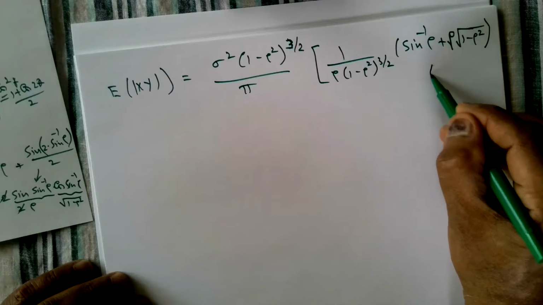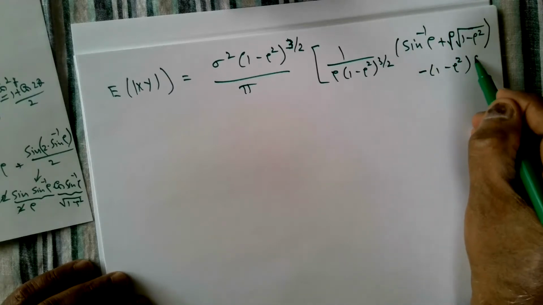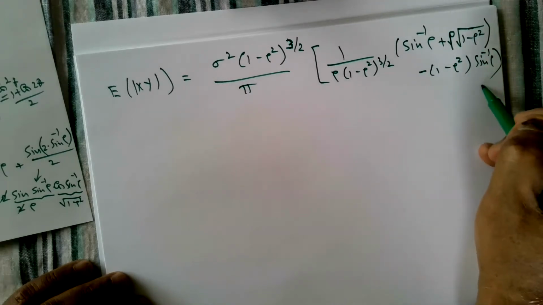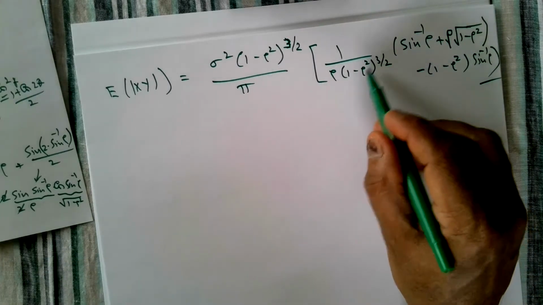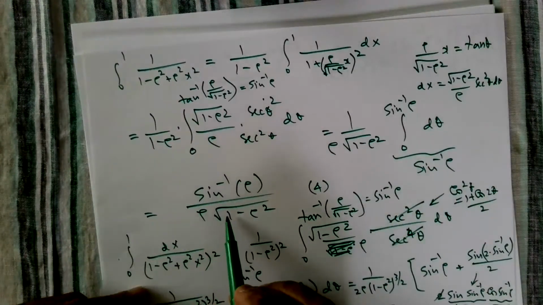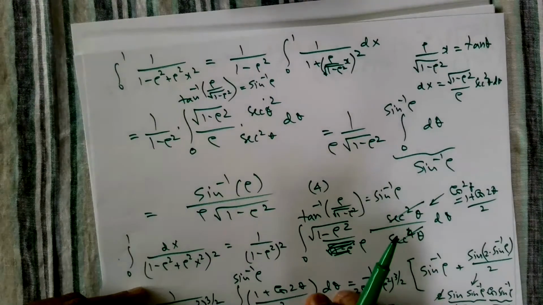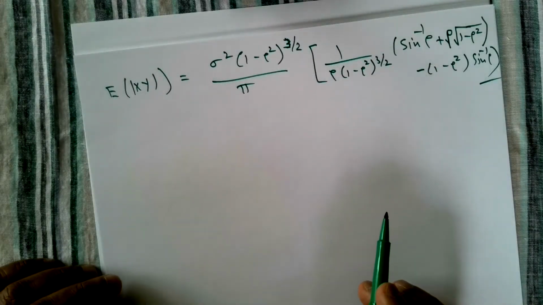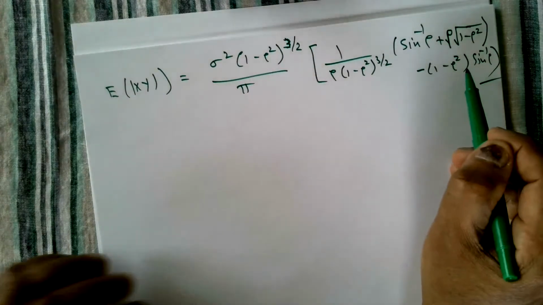So this should be 1 minus rho squared times the sine inverse rho, because this 1 minus rho squared will cancel here, and you will get rho multiplied by square root of 1 minus rho squared. So that will give us, notice that here sine inverse will cancel.